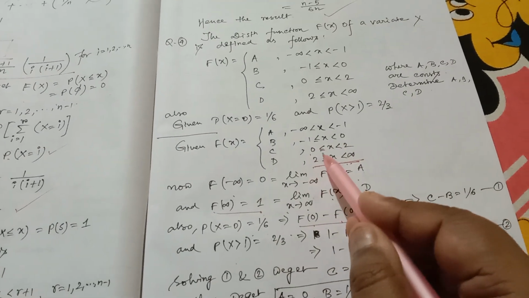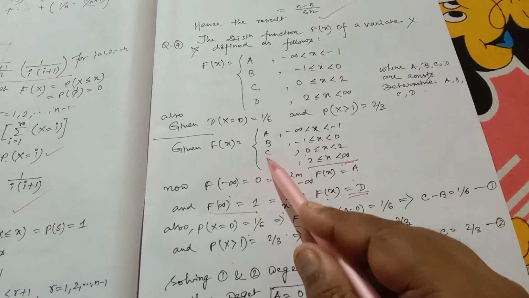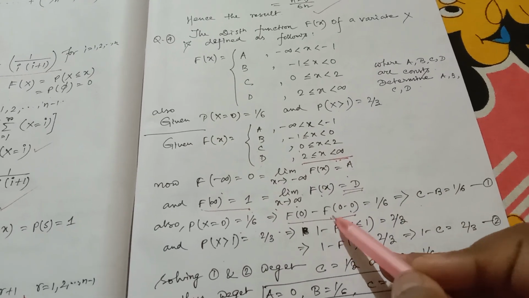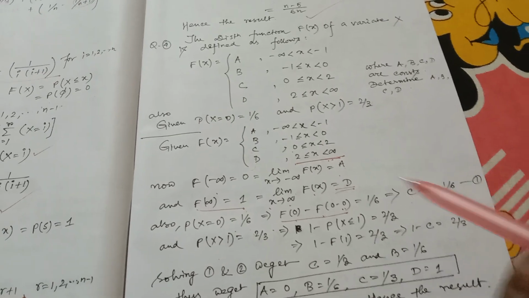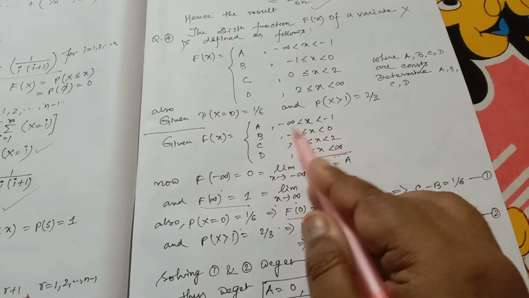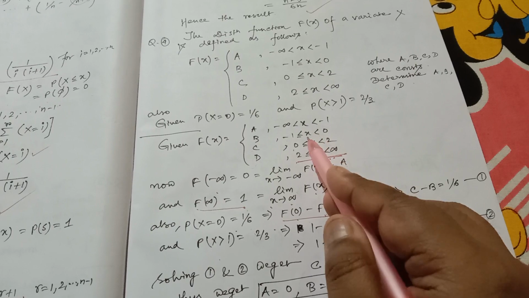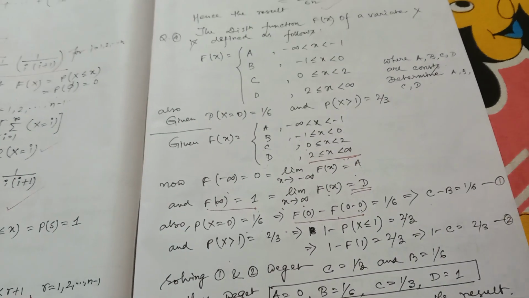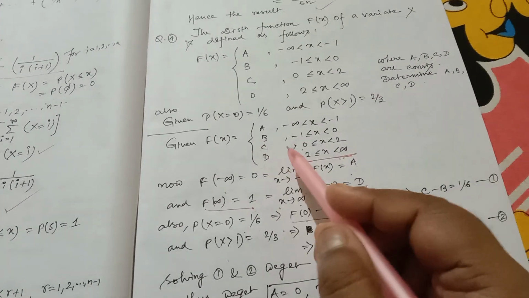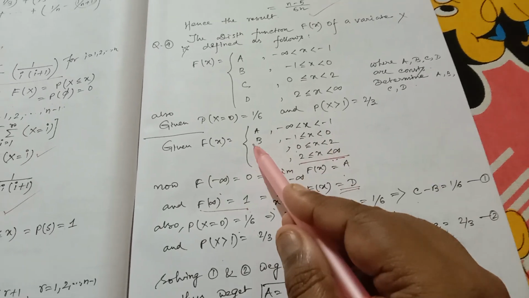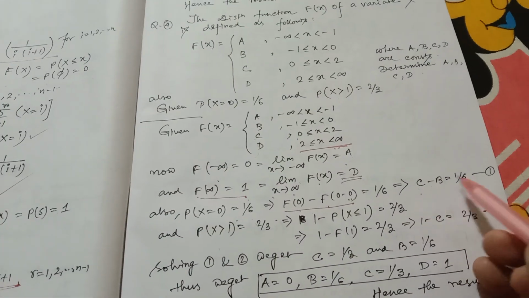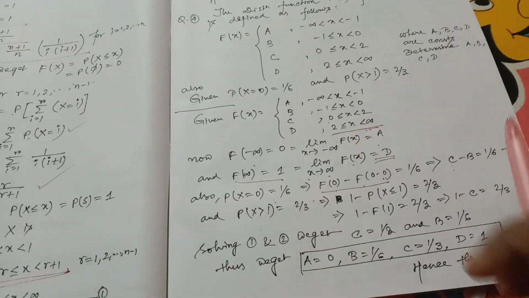Just follow this one, 0 ≤ x < 2, that is C. Put C here. F(0 minus 0), what is the meaning of this? Left hand limit of 0. That means you have to consider this range, because in this case x is less than 0. So you are considering the left hand limit, so you have to take this particular structure, that means B. So C minus B equals 1/6.